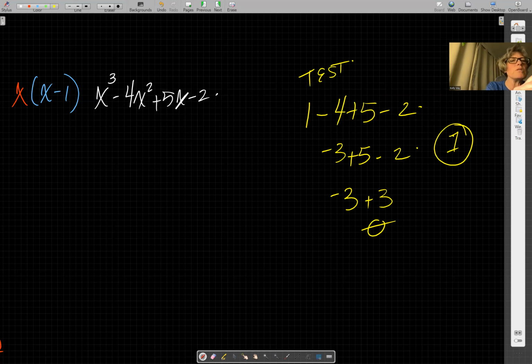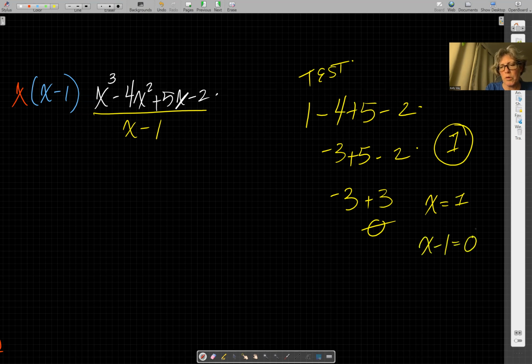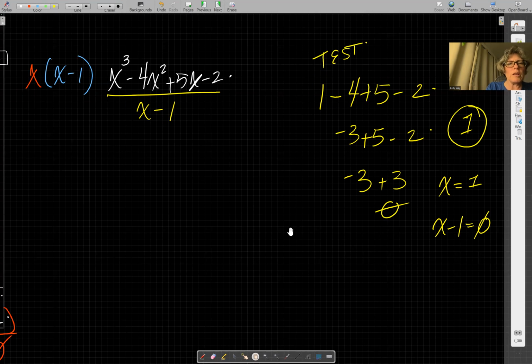So we can do this again, take this entity, and divide by x minus 1, right? Because if x is 1, to turn it into a 0, it's x minus 1 equals 0. That's where that comes from. Keep that in mind.